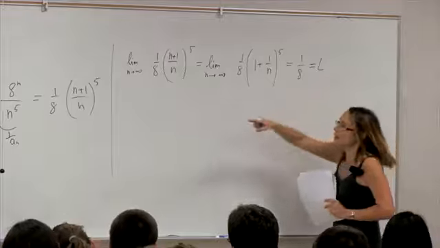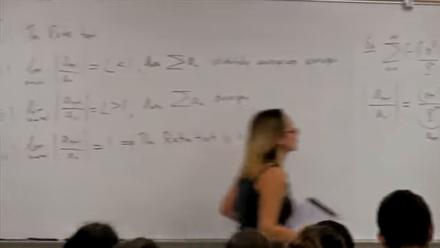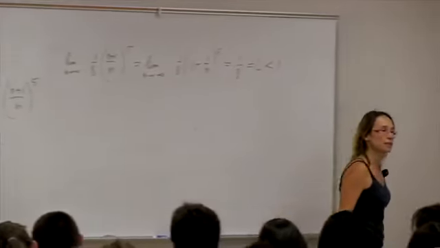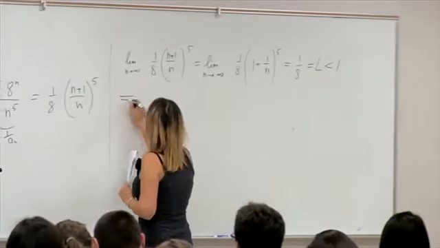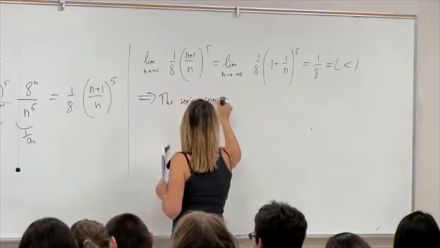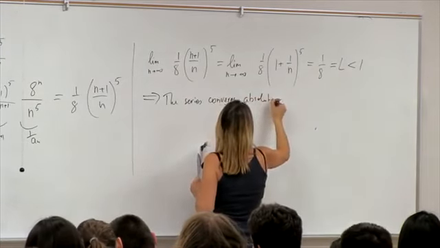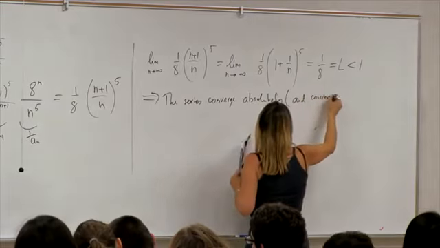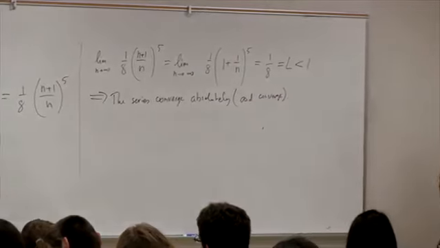This is what I call L, capital, always in this test. And we have to compare that with 1. Because I have a strict inequality of the right kind, I can conclude that the series converges. Absolutely, actually. And converges. So in this case, the test works.